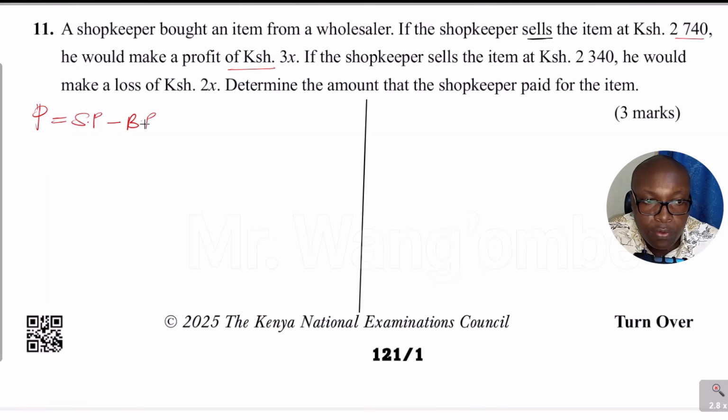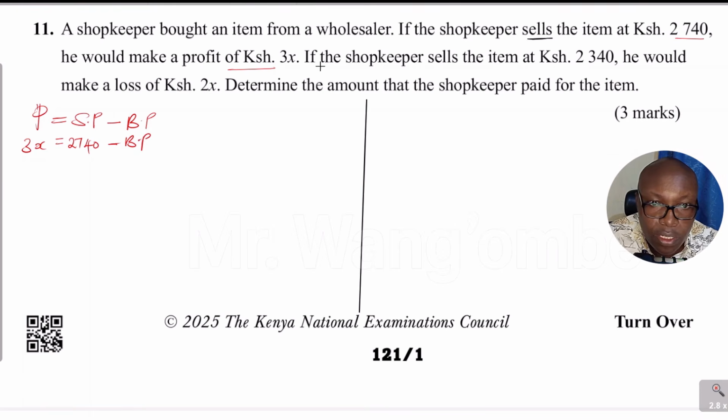For you to make a profit, the selling price has to be higher than the buying price. So in this case, if he sells the item at 2740, so that means the selling price is 2740, then he would make a profit of 3x shillings. So we don't have the buying price there.